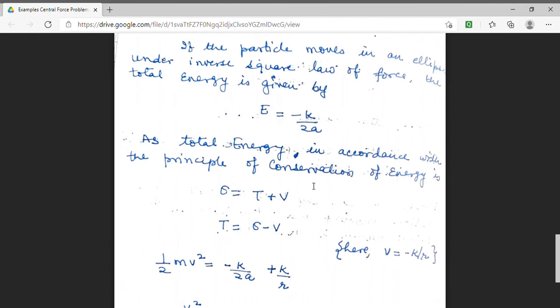In our problem we are given that the particle is moving in an inverse square field. That means force is minus k by r square, and from the force we can obtain the potential energy, which is V equal to minus integral F dot dr. So V comes out to be minus k by r.